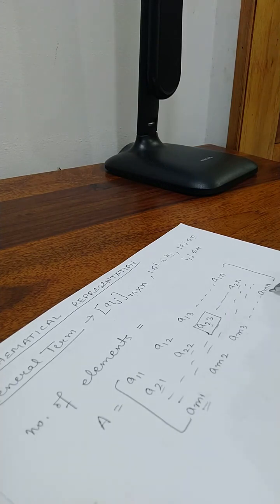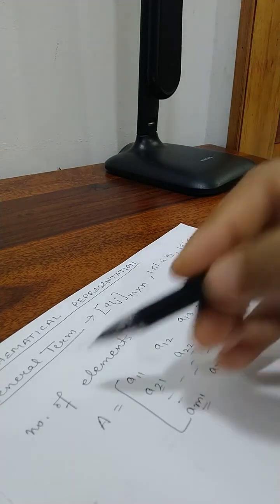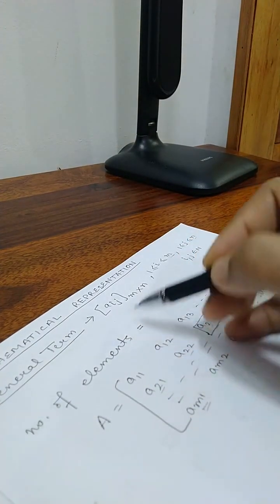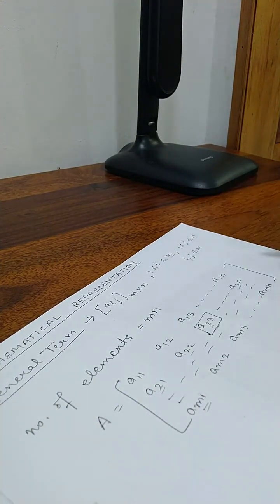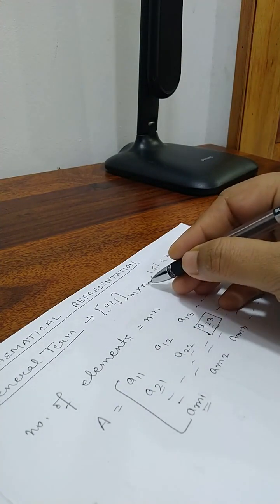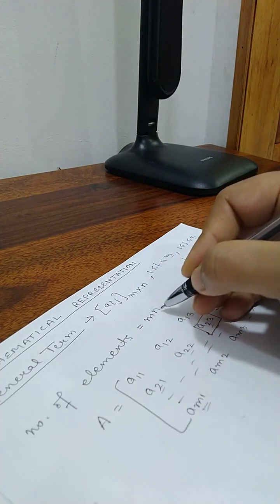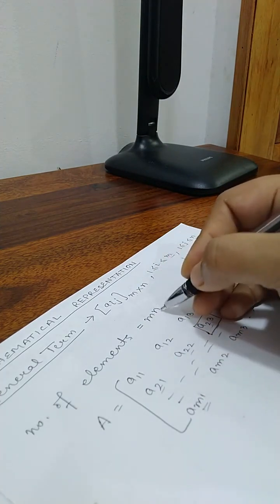So it goes up to m rows and n columns. This way you can construct any matrix. Now tell me, the number of elements in this matrix is mn, because from the order you can write the number of elements of any matrix.